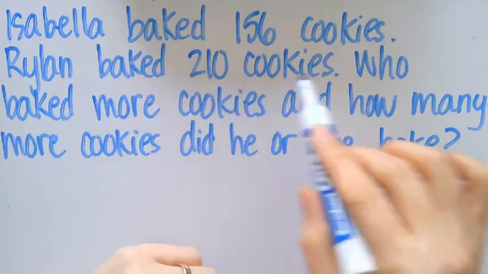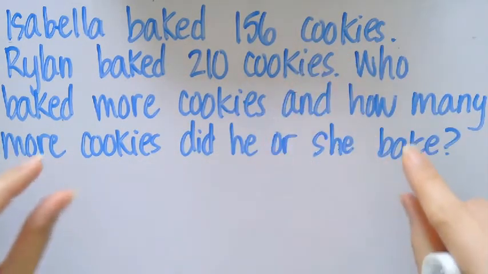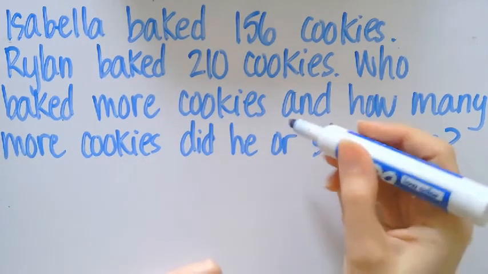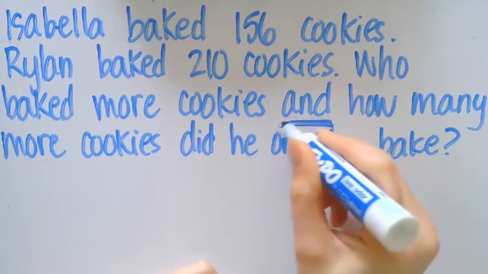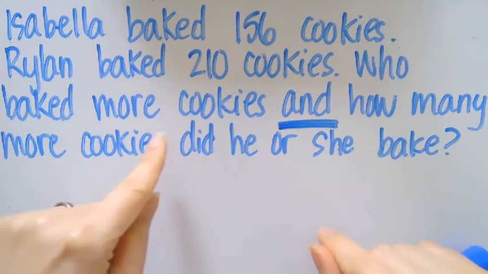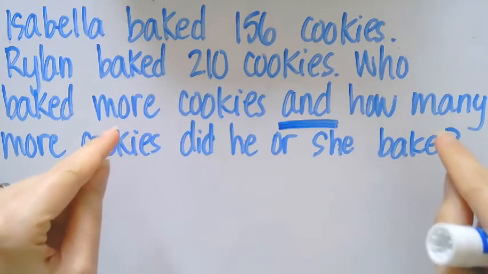Rylan baked 210 cookies. So there's 2 pieces of information that I'm going to need to use in my tape diagram. Question, who baked more cookies? And this word "and" sticks out to me a lot because it tells me I'm not only needing to answer this one question, but also this second half of the question also.